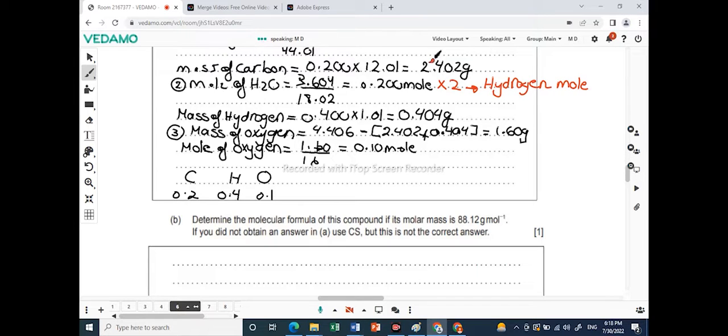Definitely, I'm going now to divide over the smaller, which is 0.1. So I will find that I have 2 carbon atoms and 4 hydrogen atoms, and finally I have a 1. So my empirical formula, taking into consideration these ratios, will be C2H4O as a final answer.